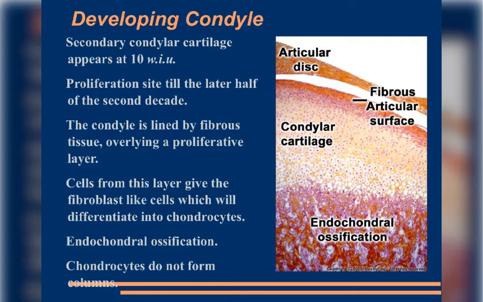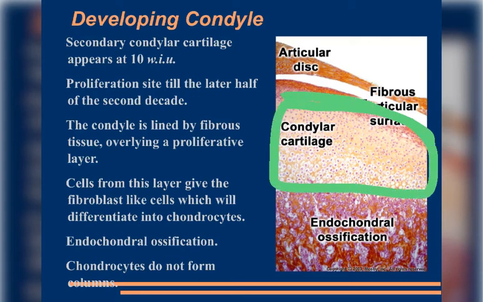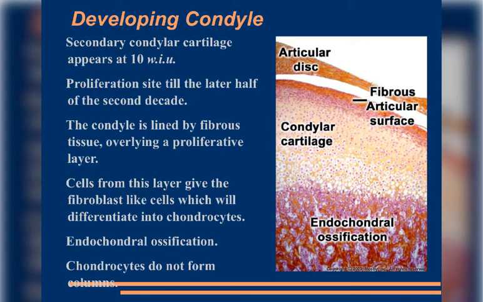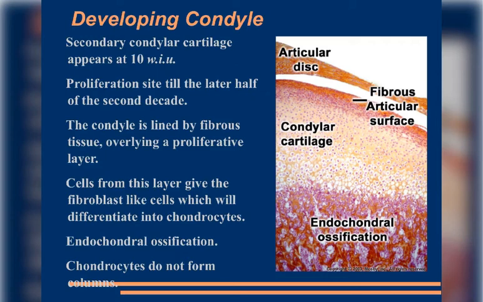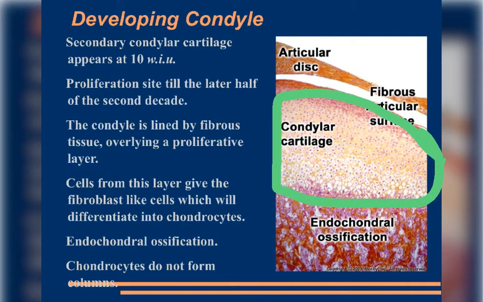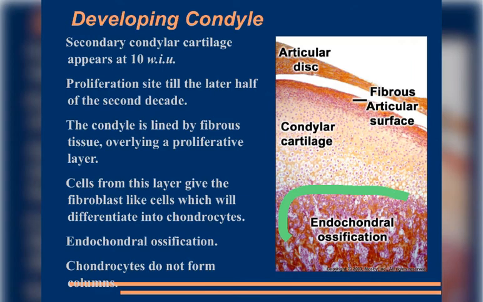Here we don't have a fibrocartilaginous zone in the young condyle, and we do not have a calcified cartilage zone. We have what is called condylar cartilage, and beneath we have the endochondral ossification zone.